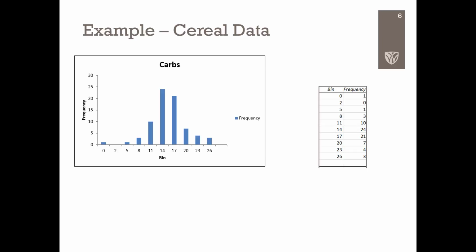It is possible, I guess, that there's a no-carb breakfast cereal, but it could also be possible that that observation represents a problem with the data or a miscoding, so perhaps someone actually typed that number in incorrectly. So when you see unusual observations that stand out from the rest of the distribution, like the one on the far left-hand side of this histogram, we refer to those as outliers or extreme observations, and you want to take note of those.